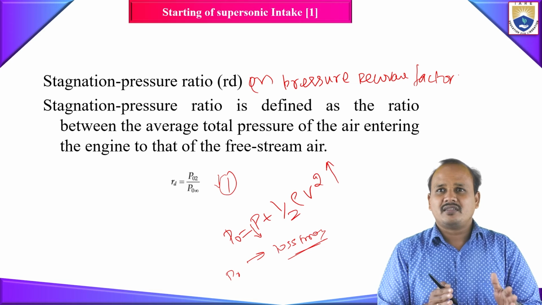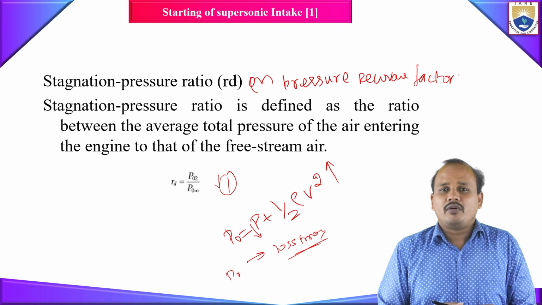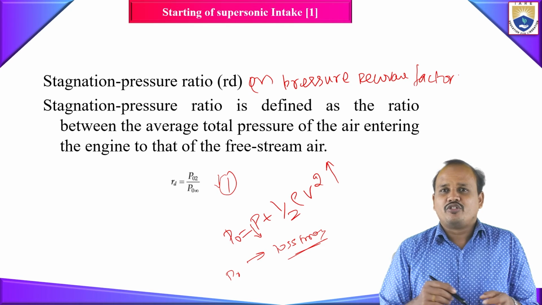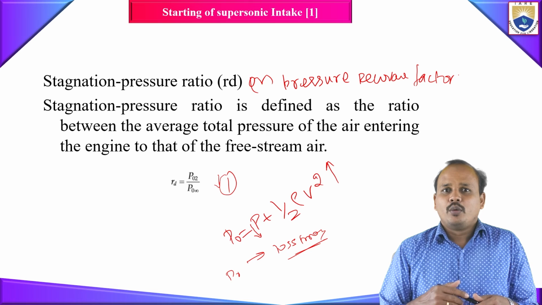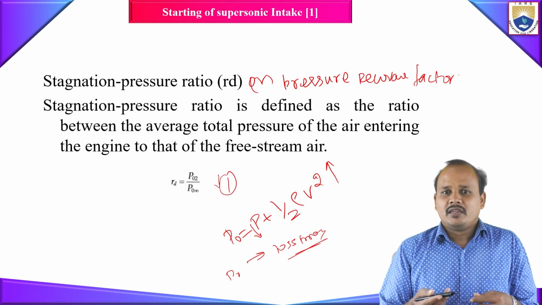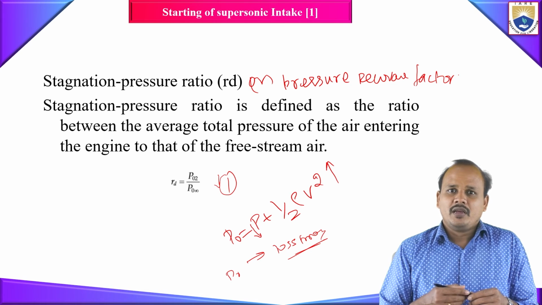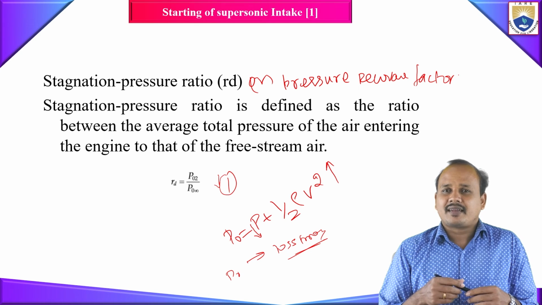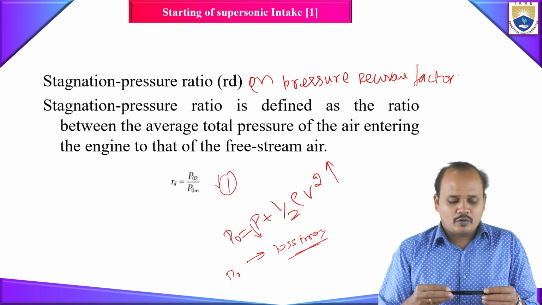What we have discussed in today's class is what is happening inside your supersonic intake under different inlet Mach numbers. When your flow becomes supersonic, there is a formation of a shock wave. How do we move the shock wave to the required location, slightly downstream of your throat location?